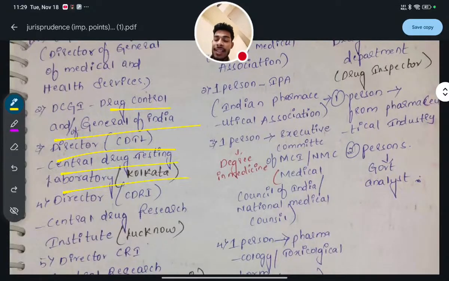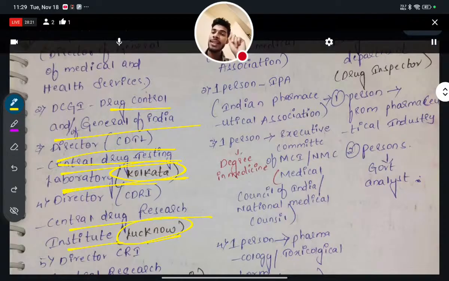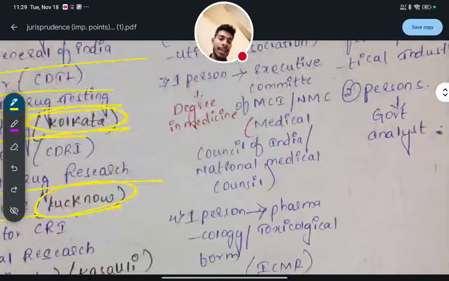So where is it situated? The Central Drug Testing Laboratory, CDTL, is located in Kolkata. Next, the Central Drug Research Institute, CDRI, is located in Lucknow. If you remember, in intermediate you would have studied about Saheli.